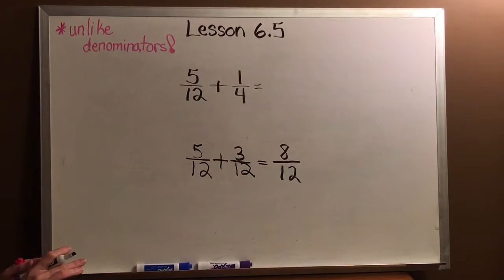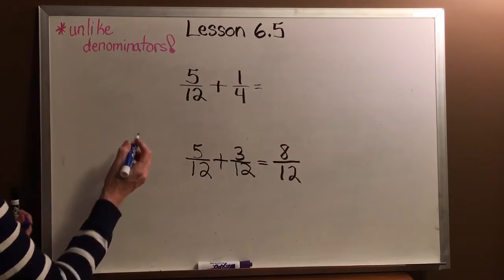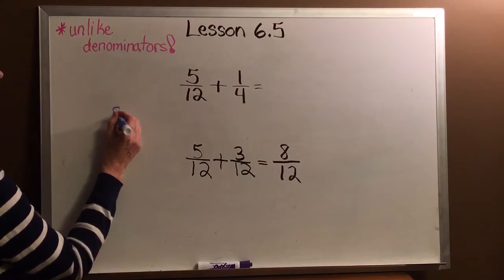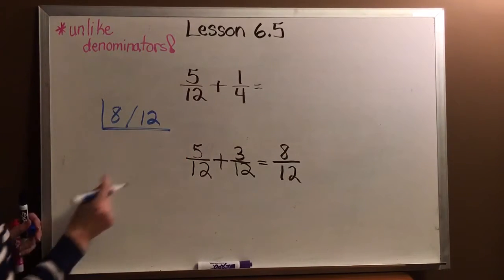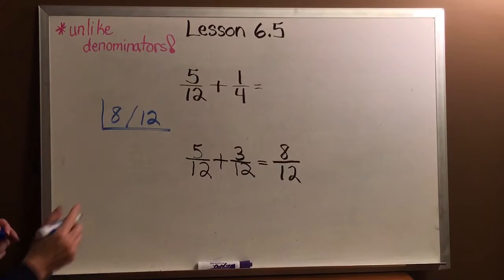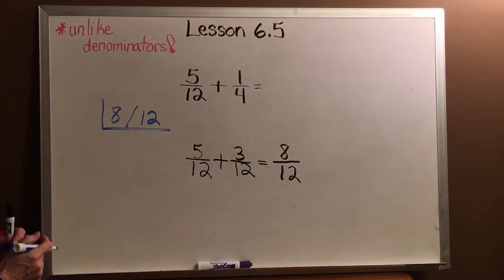8/12 is not in reduced form. We can reduce this. We will reduce it using the stair method. So let's do it together. Again, over here, we take 8/12. We are reducing it. What number will go into 8 and 12? We have a couple of options, 2 or 4. You can use either one.